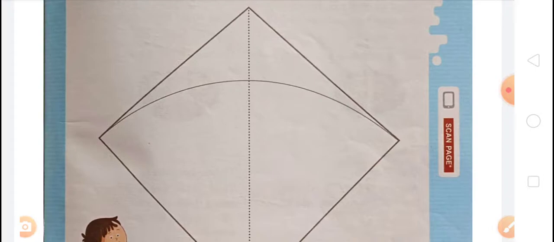When you color it, each equal part that you have colored is called a fraction of the kite. What is a fraction? In the kite, half is colored red and the right half green.